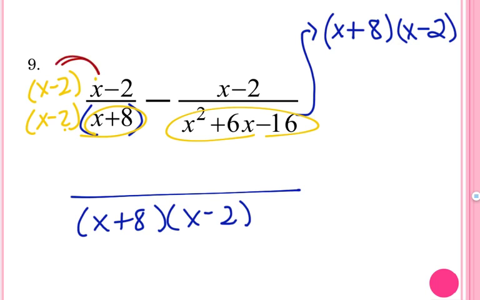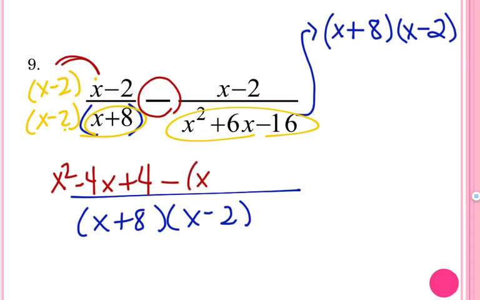So right here I'm going to multiply that, using the FOIL method, so it's going to be x squared minus 4x plus 4 when I get all simplified. And then I've got this minus sign in the middle, and so it's going to be subtract the entire thing here, and you've got to be really careful with that because that's a mistake a lot of people would make, because they would just do minus x plus minus 2.